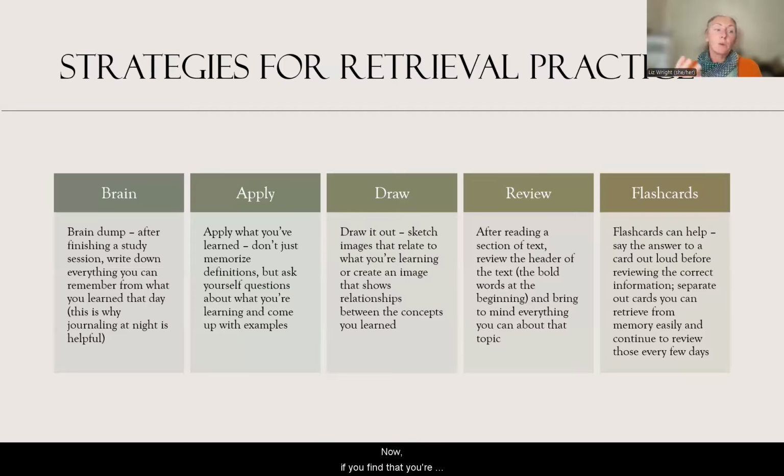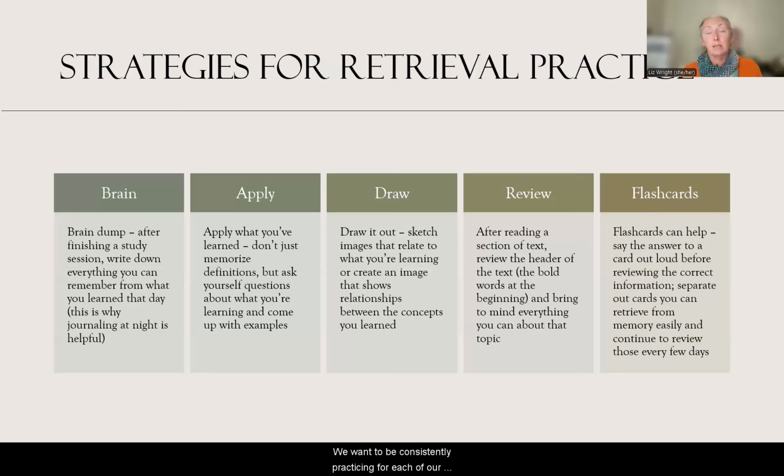Now, if you find that you're accurate on specific cards, what you could do is put those cards off to the side and start reviewing those every 2 or 3 days, as opposed to reviewing them every day, because we do want to be doing retrieval practice every single day.